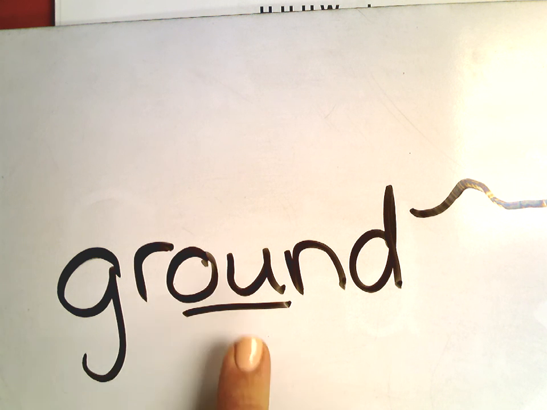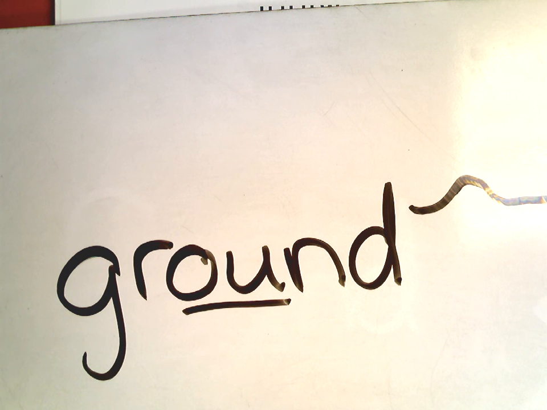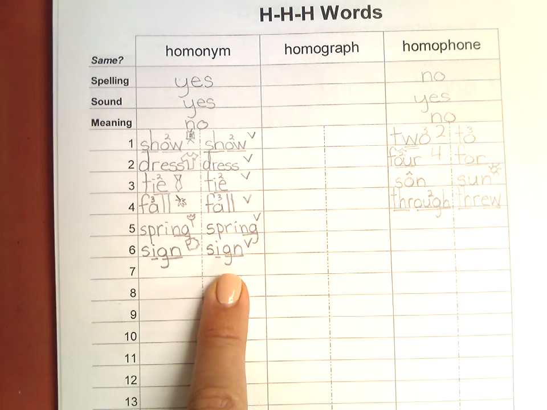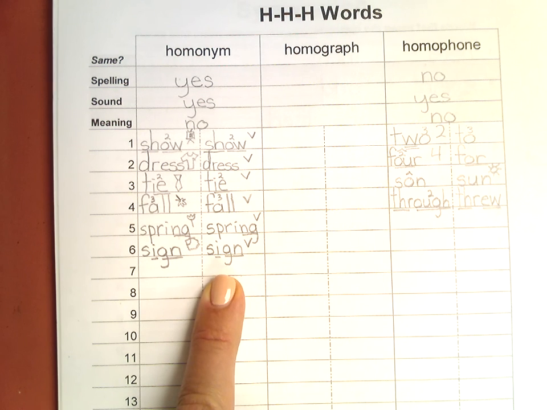All right, but it can also be a verb because I can say I ground the coffee this morning. So ground is the past tense of grind. And to grind something means to mash it up, right? So ground can also be a verb. Past tense verb, so go ahead and write ground again. On this side, remember it's going to be spelled and marked exactly the same, just like all our homonyms are.